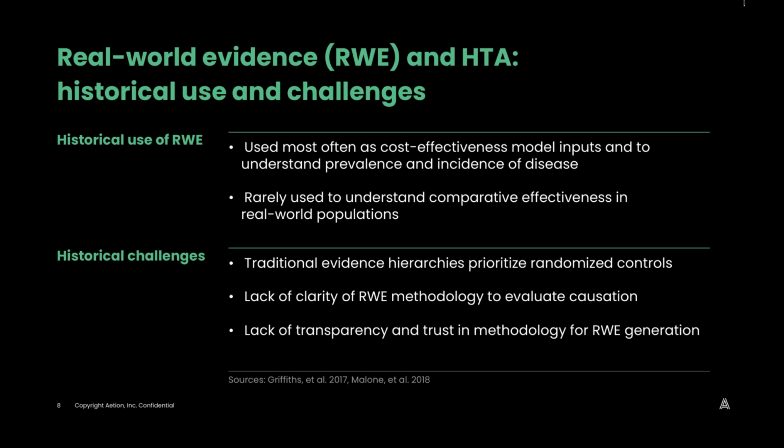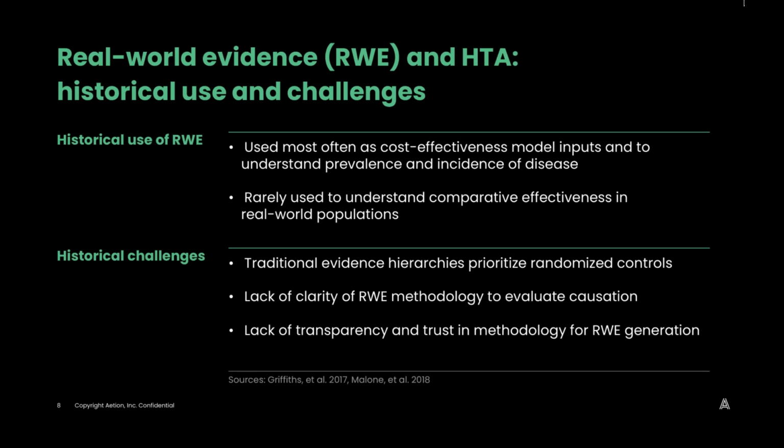And these HTA agencies have historically used RWE for cost effectiveness model input, less often for comparative effectiveness evidence. And, understandably so, because there have been some challenges. We have an evidence hierarchy as an example that prioritized randomized controls.